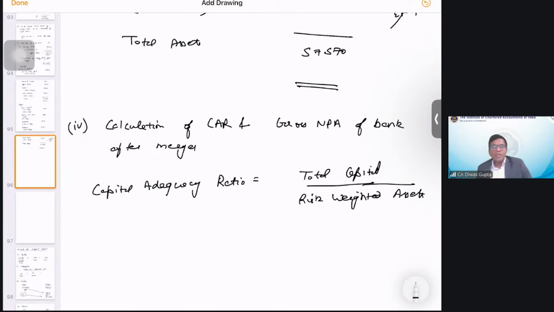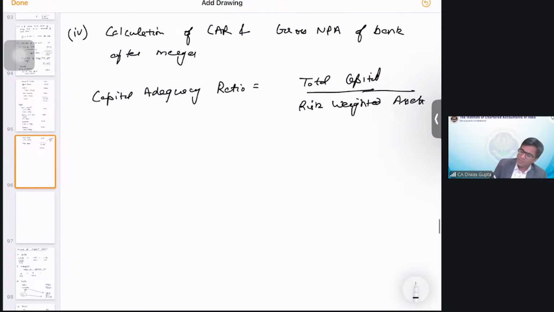So this is the ratio, students. Now we'll have to compute how to calculate this. Let's come to weak bank, strong bank, and the merged bank. 5%, 16%.